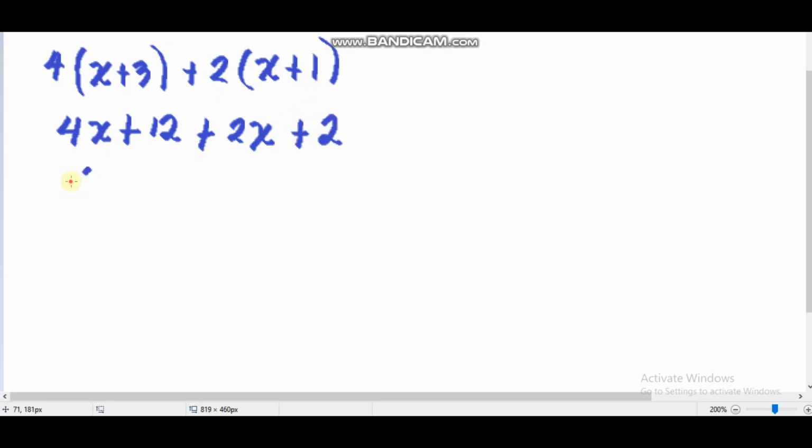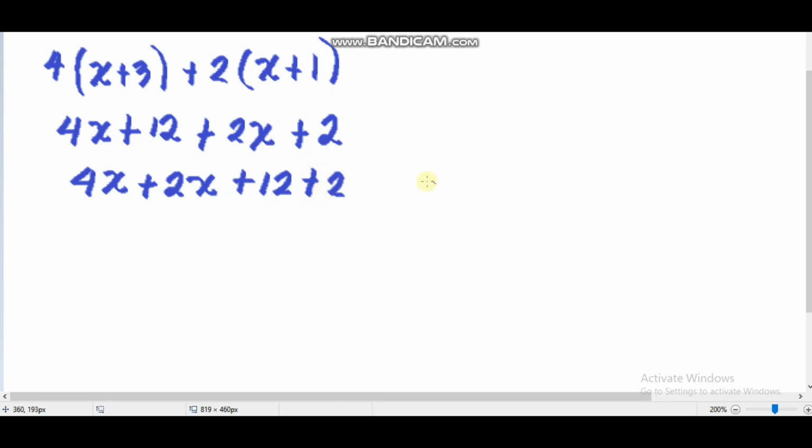Now, let's identify the like terms. In this case, you have 4x and positive 2x. Is there any violation if I rearrange them? There is no violation, and it's what we call the commutative property.